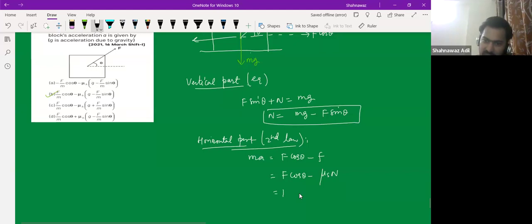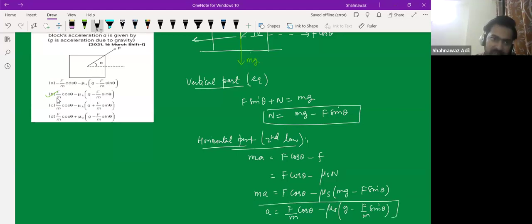So this is F cos theta minus mu s N, where N is mg minus F sine theta. This question was very simple. So the acceleration would be F by m cos theta minus mu s, m will cancel, g minus F by m sine theta. So this is your acceleration, and this is the answer.